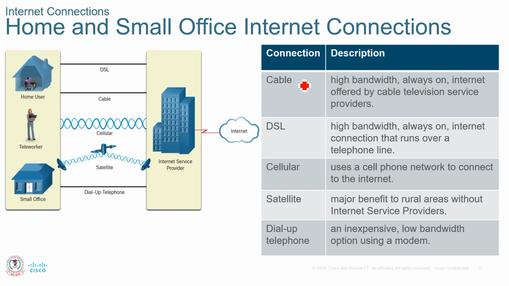Cellular uses a cell phone network to connect to the internet. Satellite: a major benefit to rural areas without internet service providers. Dial-up telephone: an inexpensive, low bandwidth option using a modem.